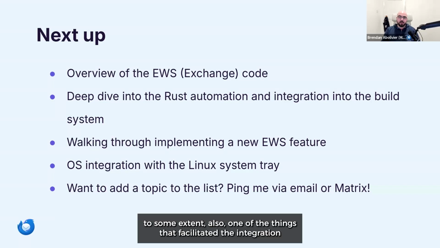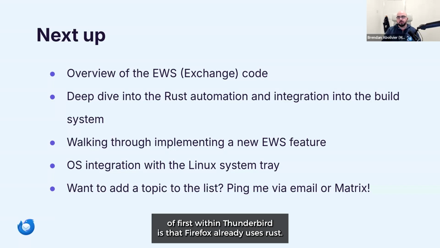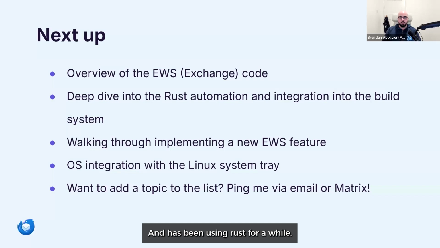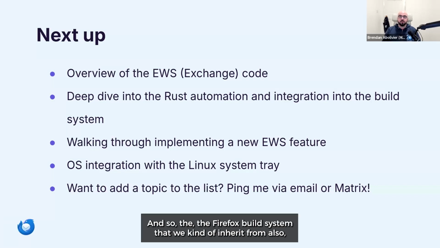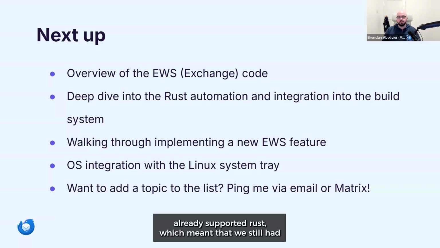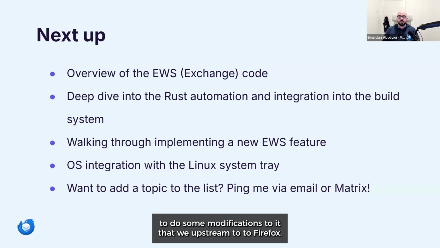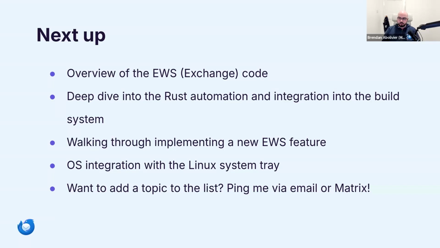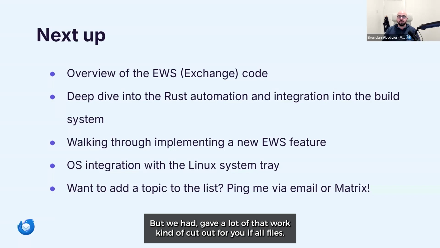Also, one of the things that facilitated the integration of Rust within Thunderbird is that Firefox already uses Rust and has been using Rust for a while. And so the Firefox build system that we inherit from also already supported Rust, which meant that we still had to do some modifications to it that we upstreamed to Firefox, but we had a lot of that work cut out for us. So that was one of the things that made that integration easier than it would be with other programming languages.